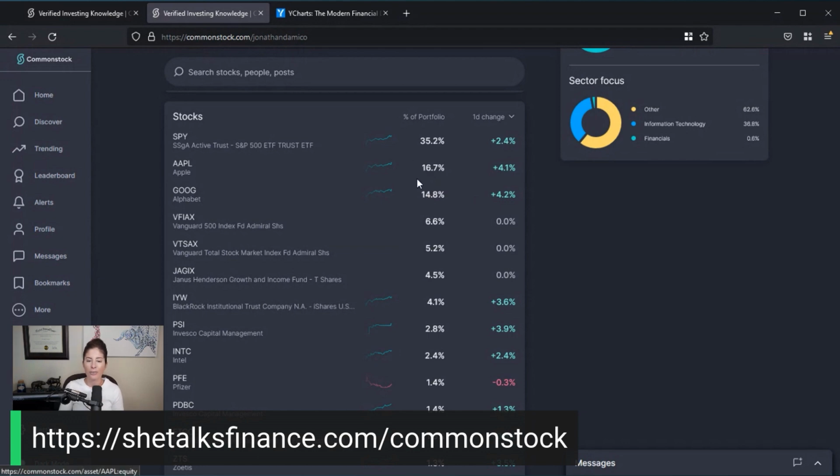But this is definitely when you start to look at positions like this, and even Google, and say, okay, these have appreciated a lot. These have become a large percentage of my portfolio. Is there a better place to put this capital? Maybe there isn't. Maybe you want to take on that risk and have that larger position in that individual stock. That's called a concentrated portfolio. And sometimes hedge fund managers literally invest that specific way.